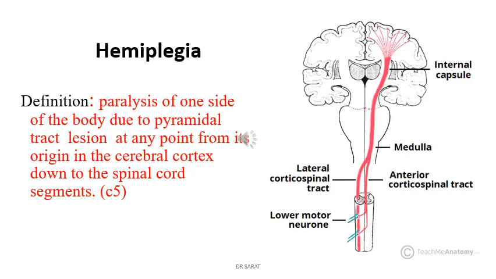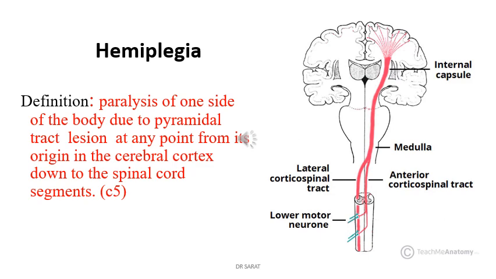That is called the lateral corticospinal tract. And 20% from the lower part of the medulla runs down on the same side. That is called ipsilateral, and it is the anterior corticospinal tract. So lateral is contralateral, and anterior is ipsilateral.